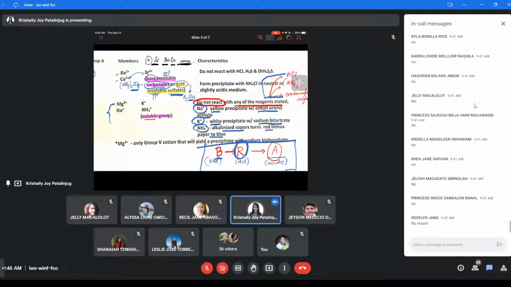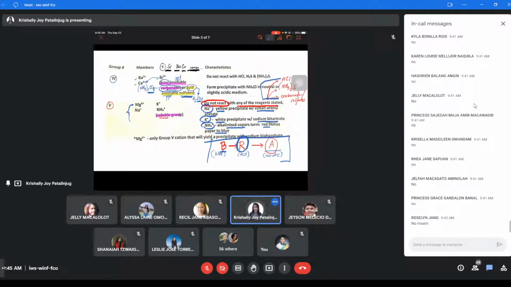So again, for group 5 cations, you have the soluble group. The mnemonic here is, although this is bad, "Magnakaw sa amo." So you have magnesium, sodium, K for potassium, then amo for ammonium. Again, they are the soluble group.